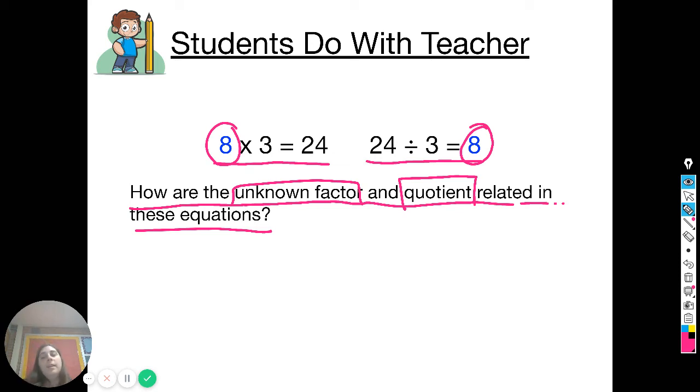I'm going to go ahead and let you take a minute to think. How are the unknown factor, so how is the 8, related to the quotient in our division?